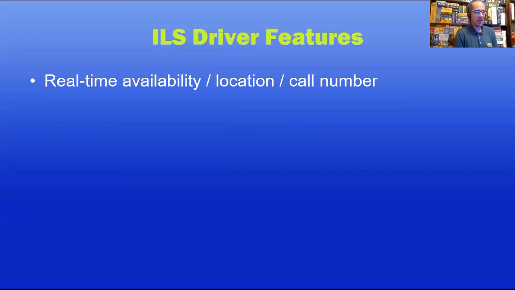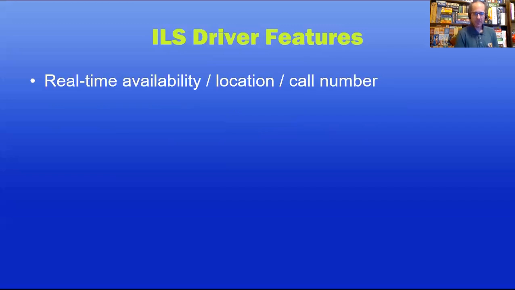As I said, VuFind does this interoperation through pieces of code called ILS drivers, which allow VuFind to connect to a backend system in order to accomplish some things. Those things include retrieval of real-time availability status of items.